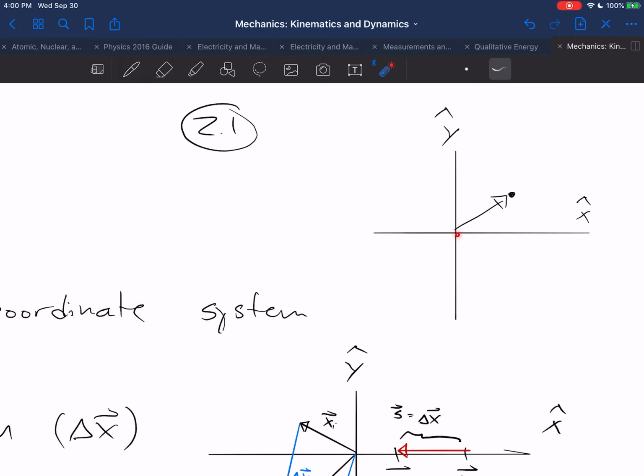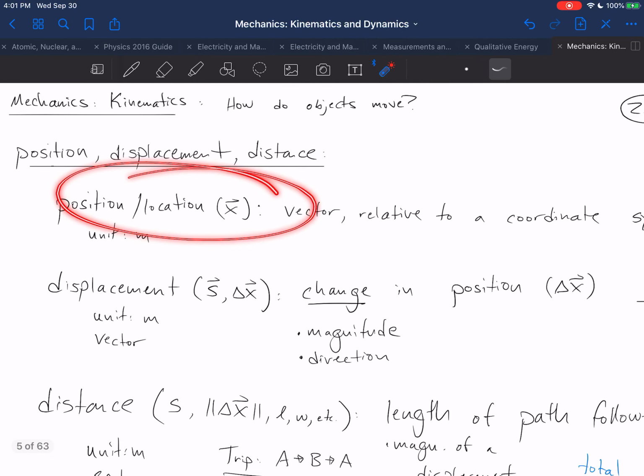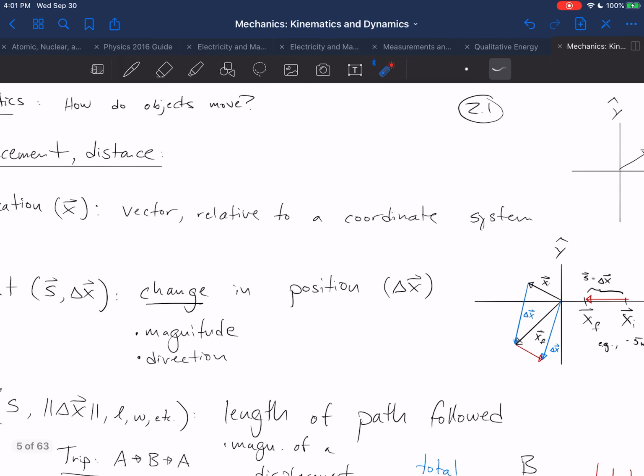It's actually not just a spot, but relative to the origin, that spot is characterized by a distance, a length away from the origin, and a direction compared to that origin. And that is the nature of position considered as a vector. It's relative to that coordinate system.